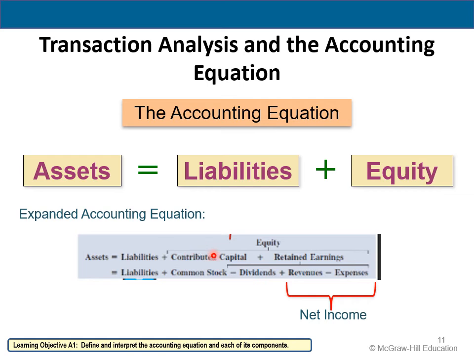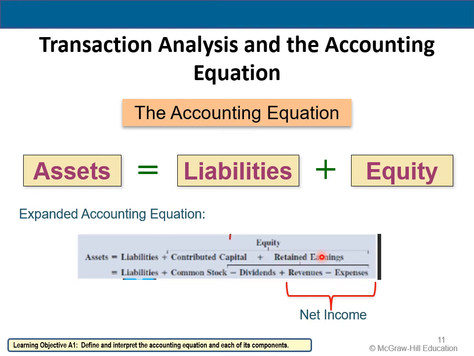Equity has a lot of component pieces that we'll see. We kind of see here contributed capital plus retained earnings. And real quickly, because we'll get deeper in this in chapter 2, contributed capital, if I'm an owner and I invest in the company, that's contributed capital. All right.